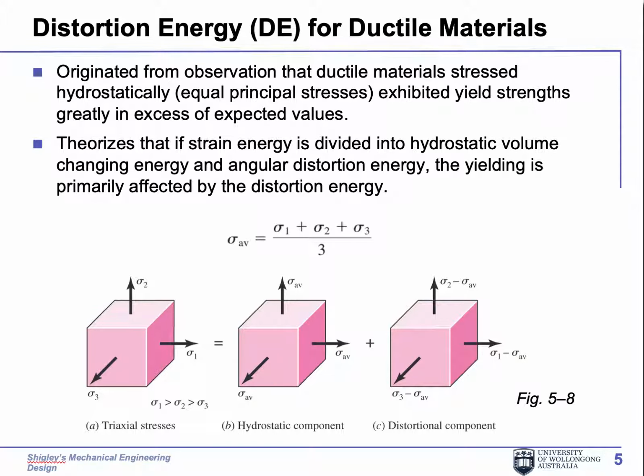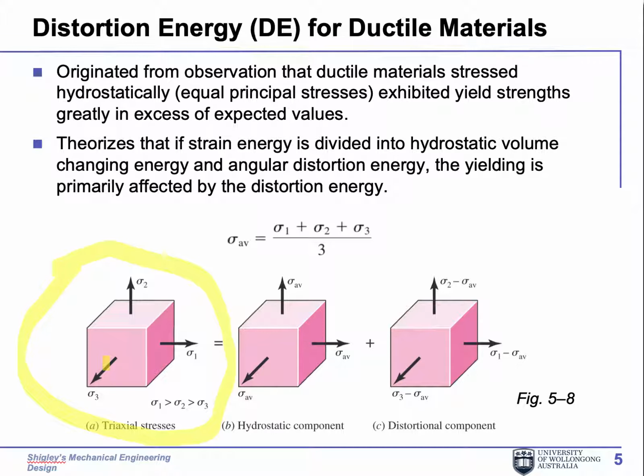Before we do those examples, because they are very simple, I wanted to give a little bit of theoretical understanding of why this is the case. If we have our component in three-dimensional space, we have the principal stresses sigma 1, 2, 3, which are different in value.